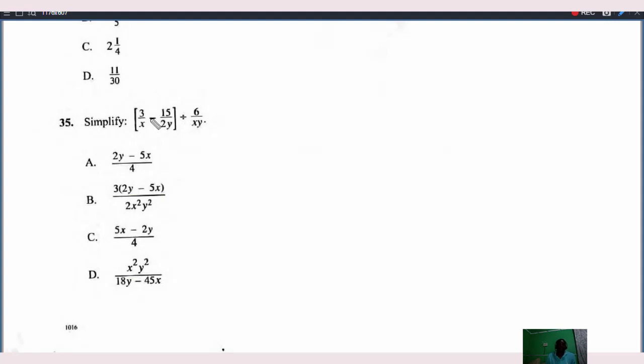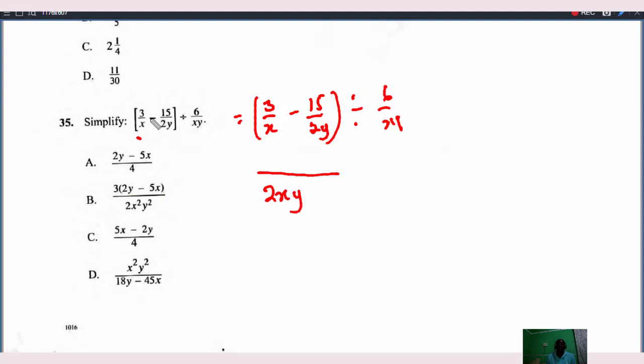We have an algebra to solve. So let's deal with the fraction first. So we have 3 over x minus 15 over 2y divided by 6 over xy. So you find the LCM for this to be 2xy.